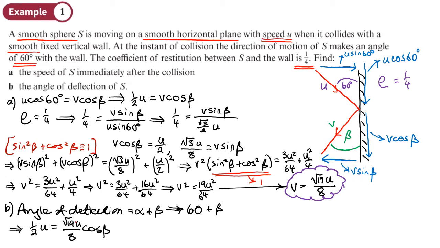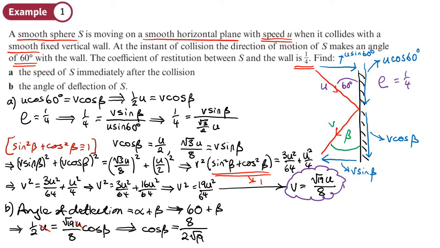Now u cancels out from both sides, and then if I rearrange it so I get cos beta as the subject, times both sides by 8 over root 19, what I will get is 8 over 2 root 19.